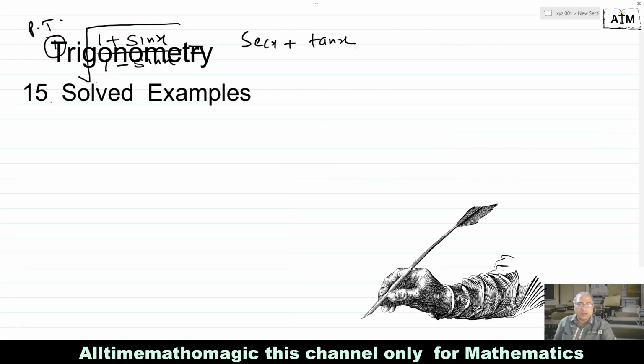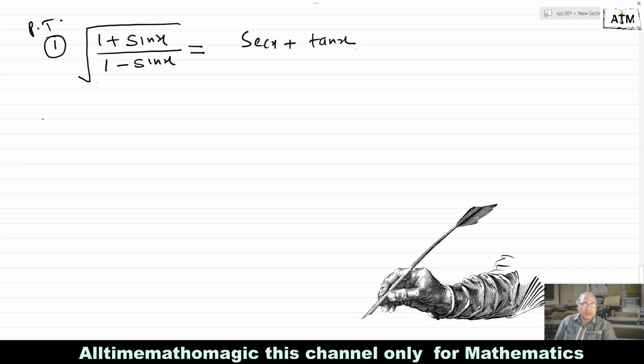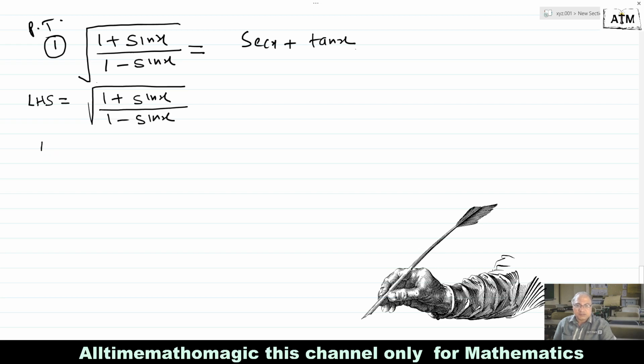First example, prove that under root of 1 plus sin x upon 1 minus sin x equals sec x plus tan x. Step number 1, LHS. Taking LHS, under root of 1 plus sin x upon 1 minus sin x.